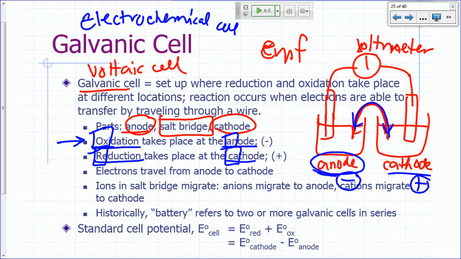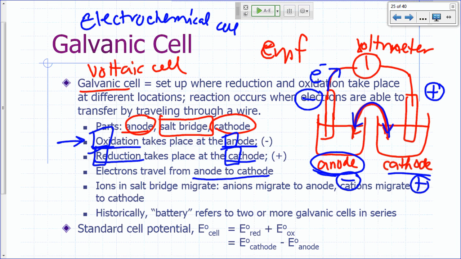So at the anode, you would expect the electrons to come out of it. That's why your anode is considered your negative terminal. So in a galvanic cell, the anode is negative, and the cathode is the positive terminal. The electrons travel through the wire towards the cathode. So electrons travel from anode to cathode.